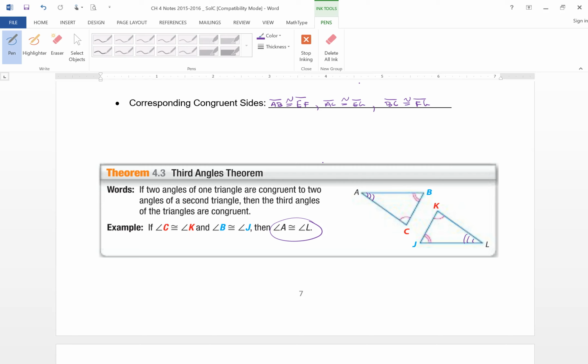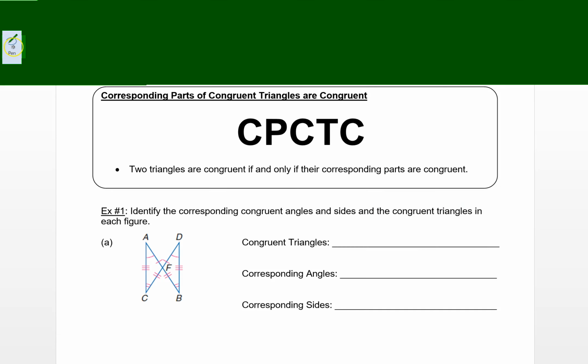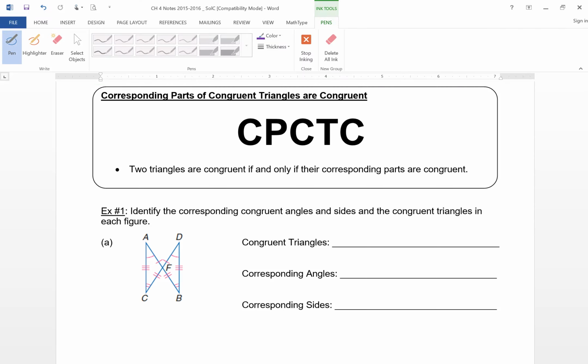Okay? So this is everybody's favorite theorem or law in geometry. The name of it is corresponding parts of congruent triangles are congruent. And if we just take the first letters, C, P, C, T, C, that's what we have.